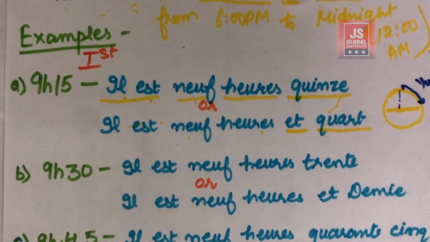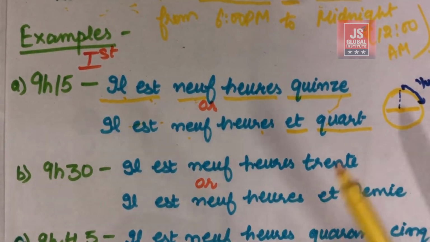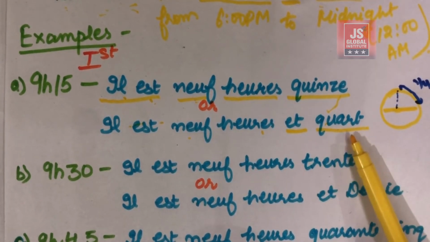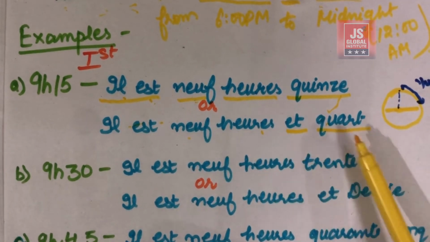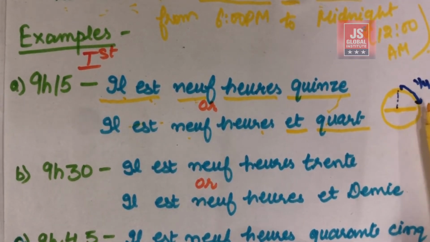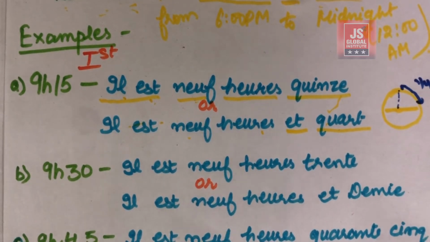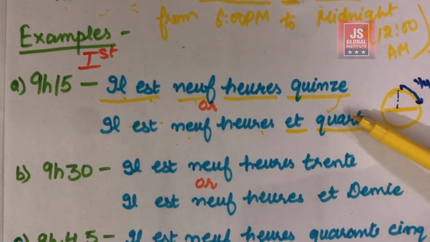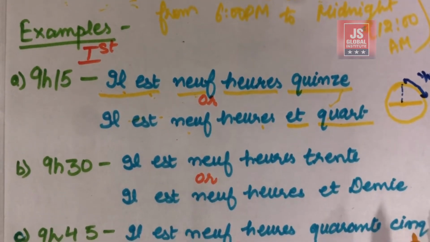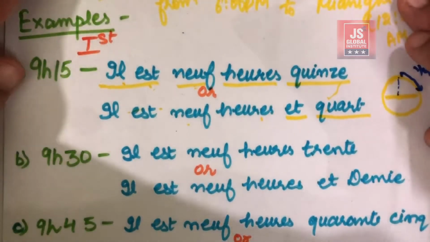This 1/4 means quarter in English, and it is known as quart in French. So it becomes il est 9 heures et quart. Okay, that is 1/4 area. So these are the two ways. We are moving towards the next example to understand it better.